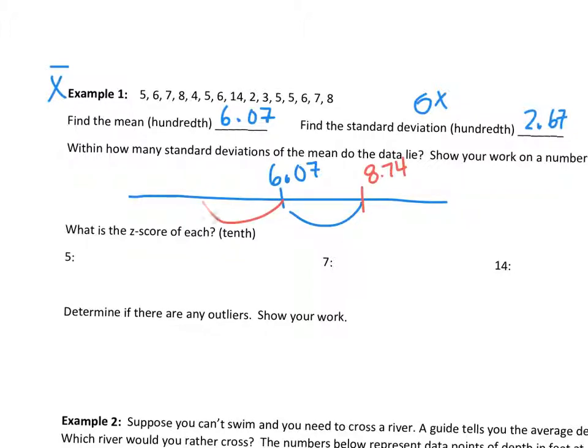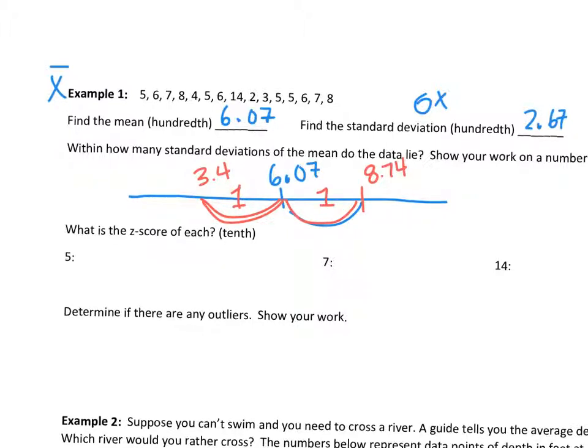I can also subtract a standard deviation. 6.07 minus 2.67, I get 3.4. So this right here is one standard deviation away from the mean. This is one, and this is one.